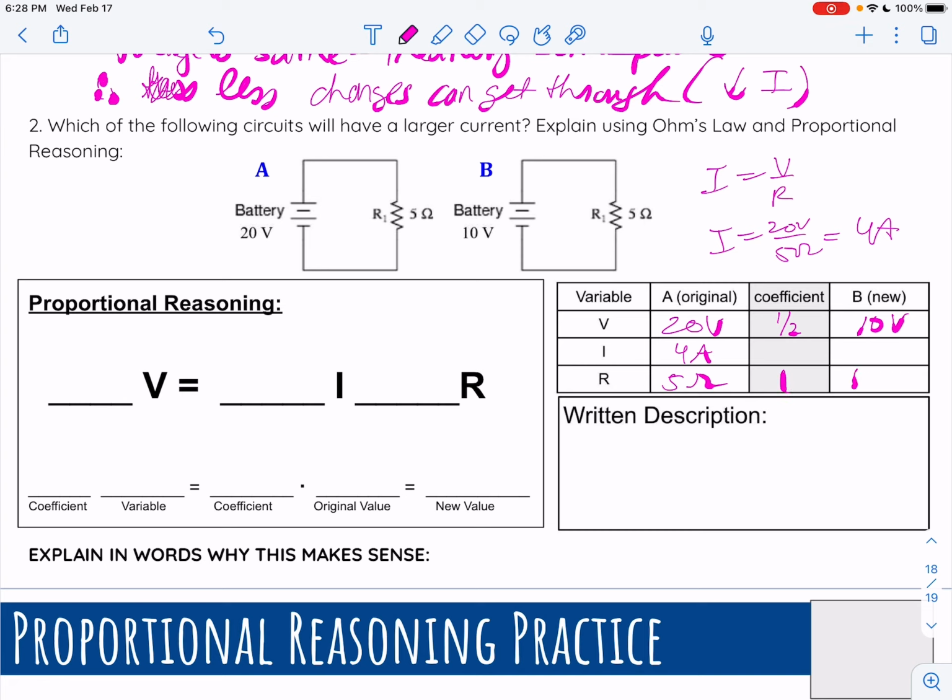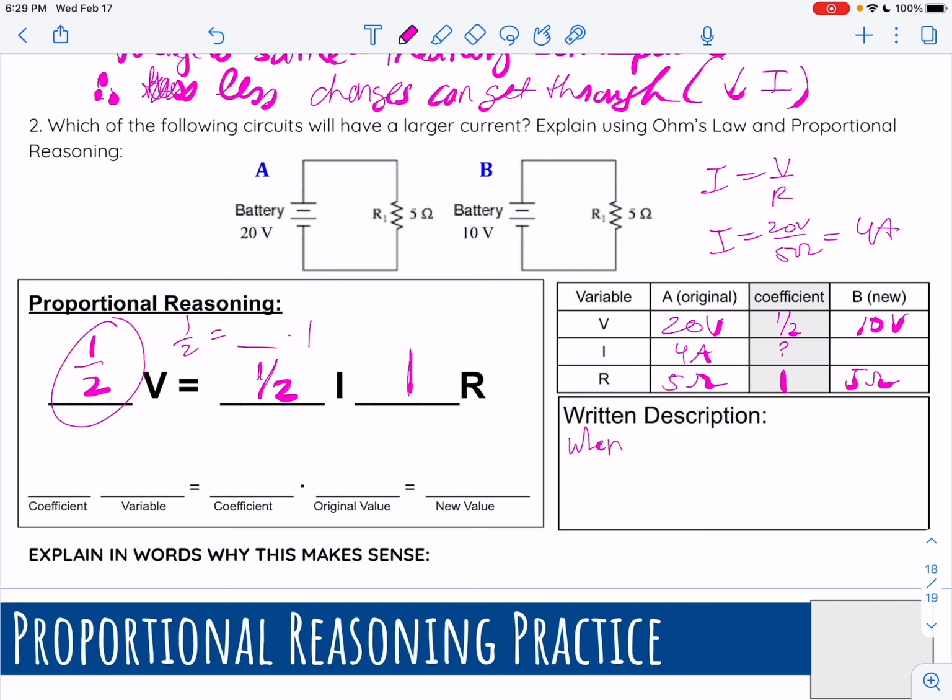My resistor this time is the same. So what's going to happen to the current? If this is the same resistor, but now I'm halving the voltage, what is going to have to be here? So 1/2 is going to equal something times 1. Well, that's just going to also be a half. So here again, we see the current is going to halve, but this time it's because the voltage is halved.